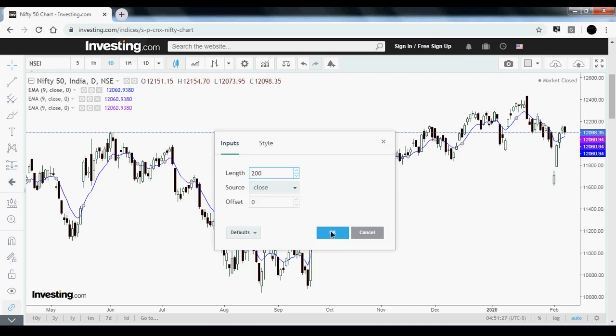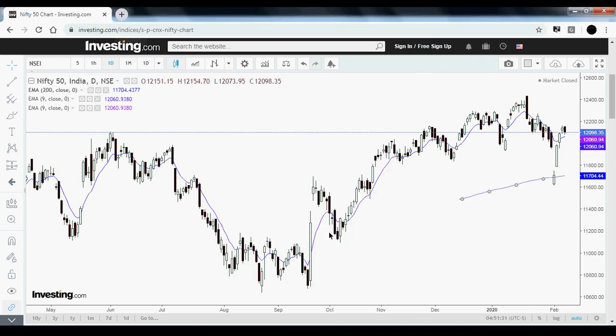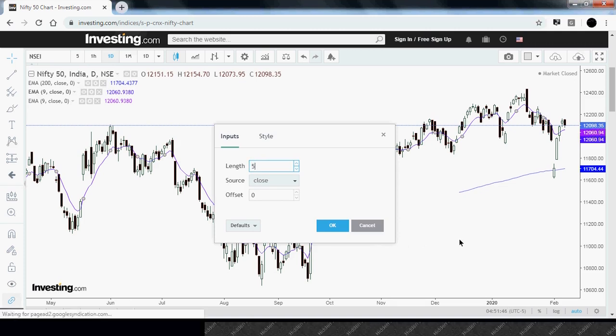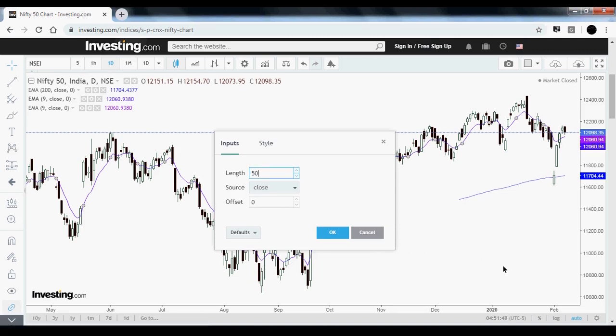That is one of my favorite indicators through which I analyze the market. So we'll cover the 20 period moving average in a separate video, and for now we will use these three moving averages: 200 period, 50 period, and 10 period.